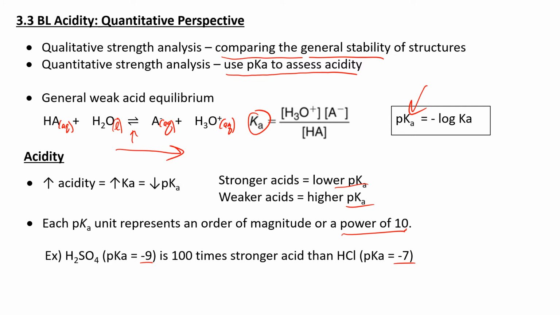Take the absolute value, right? You can even just do 9 minus 7 equals 2, and that is 2 orders of magnitude, so you just put it as 10 to the second, and 10 to the second is 100. So based on the difference in the pKa, it's 2 orders of magnitude difference, and that translates to a 100 times stronger acid for H2SO4.